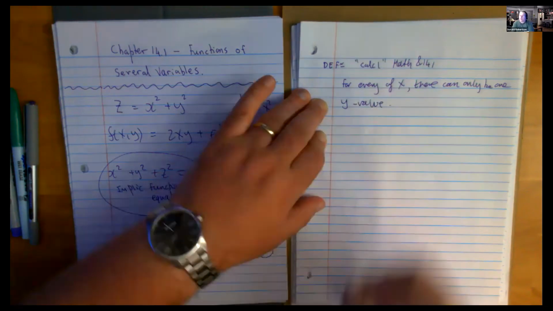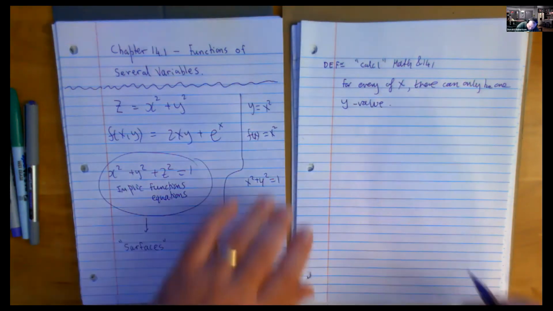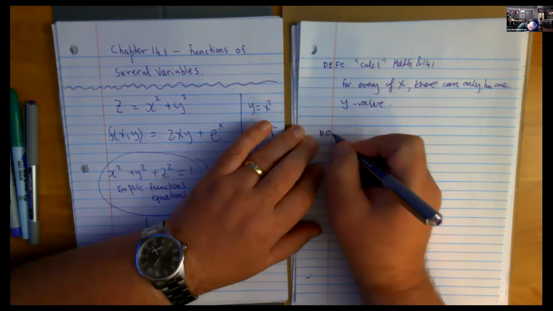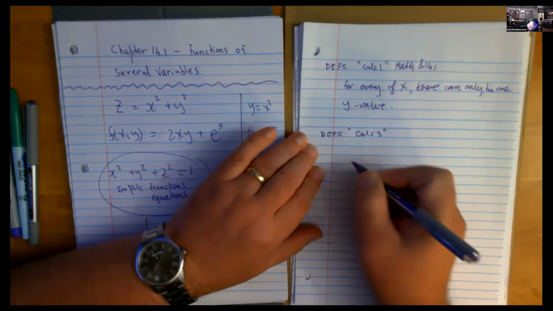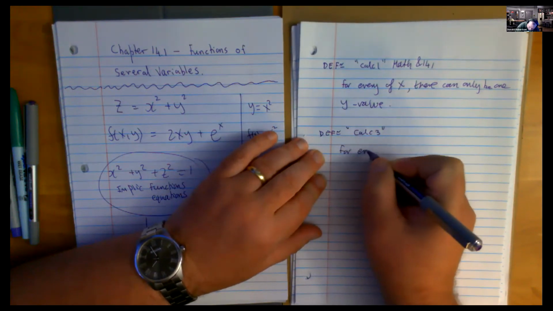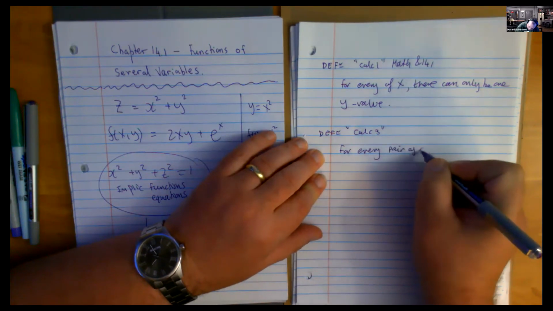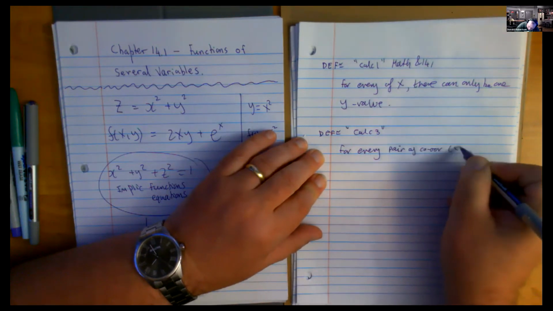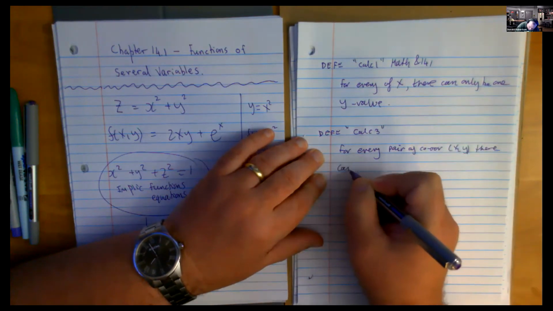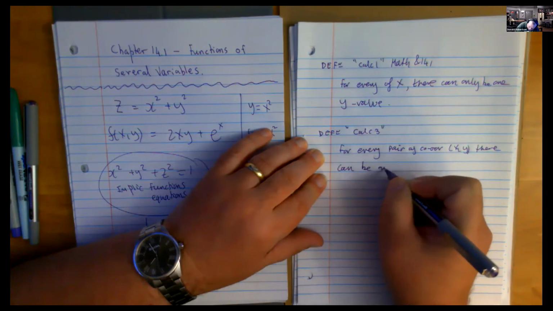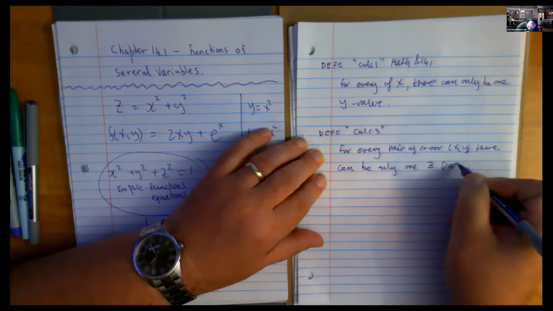Well, that's essentially what a function meant. Well, if we extend it now to Calc 3, for every pair of coordinates, there can be only one z value.